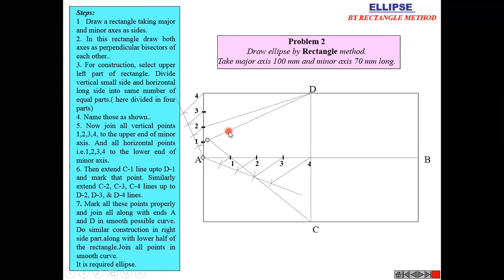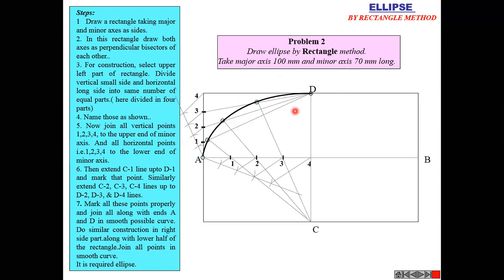That is the first point. For the second line, construct 2 to D, then construct a line from C passing through 2 so as to cross the line originating from point 2. This is the second point. Third, construct 3 to D, then 3C, and the point at the intersection is the third point. Similarly, the fourth point is D. Construct a smooth curve passing through them. It will give you the quarter part of the ellipse in a rectangular fashion.